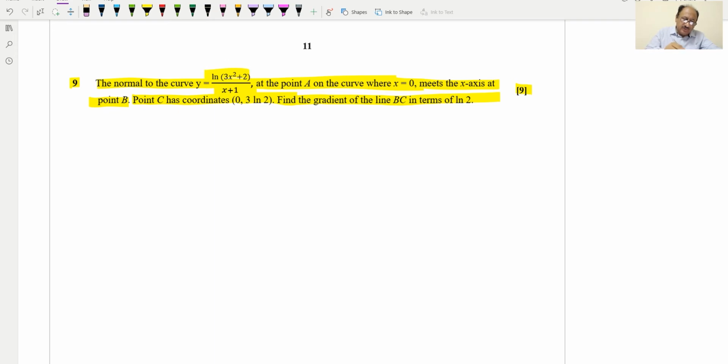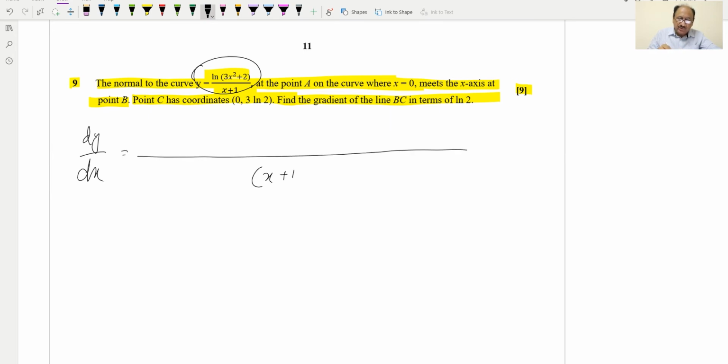We can find dy by dx, and we can apply the quotient formula. The denominator stays as it is, squared, and in the numerator we write the derivative of log of 3x square plus 2, which will be 1 over 3x square plus 2 into the derivative of 3x square plus 2, which is 6x, and minus 3x square plus 2 as it is, into log of x plus 1, where the derivative of x plus 1 will be 1. So this will be the derivative.